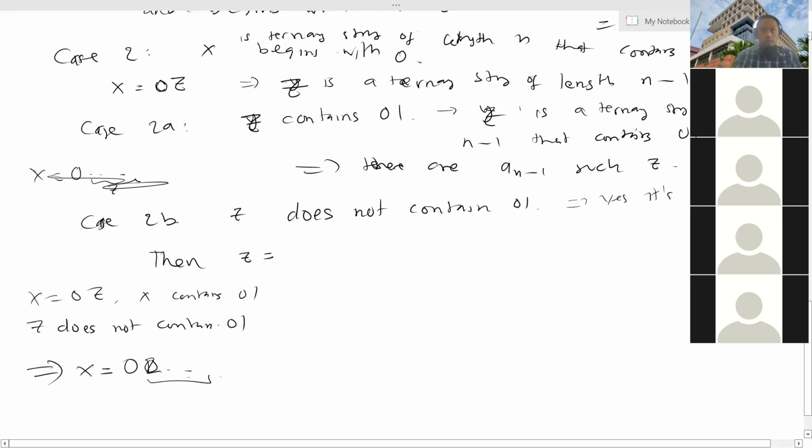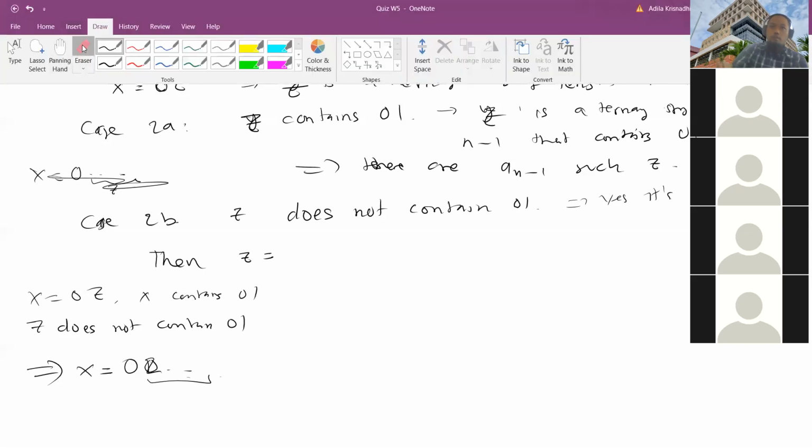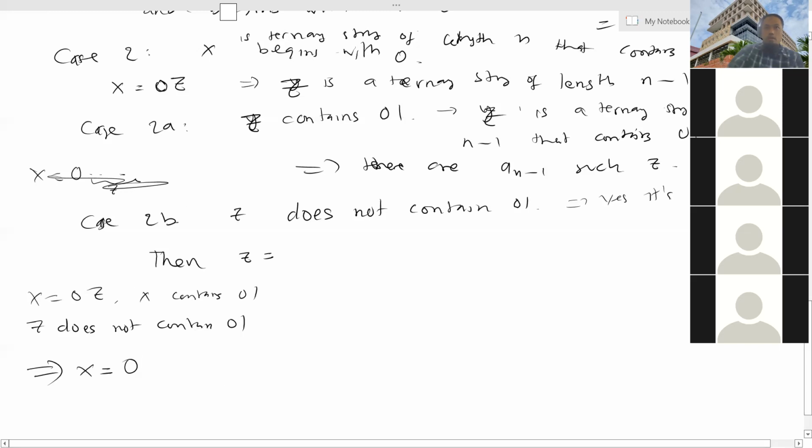So therefore, the only choice is that X must be of the form 0, 1, W, where W is a ternary string of length n minus 2, right?